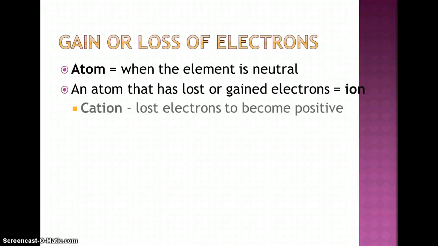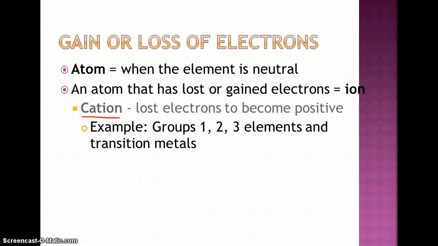If they lose electrons, they're going to become positively charged. Those positively charged elements have a name. They're called cations. Cations we can find in groups 1, 2, and 3, and in our transition metals.